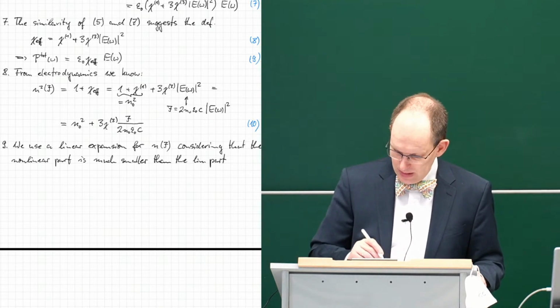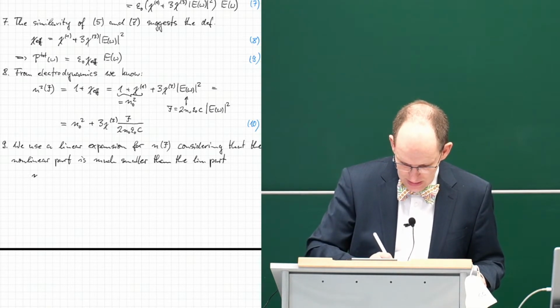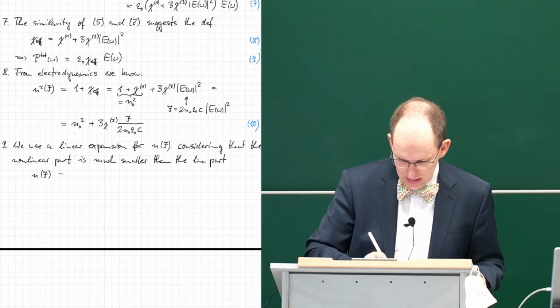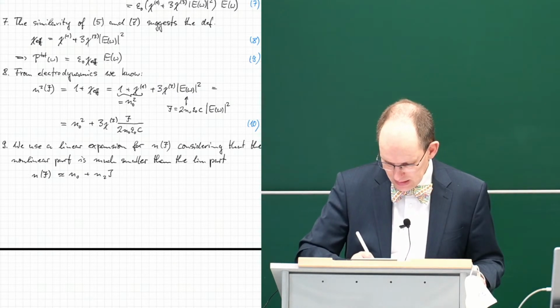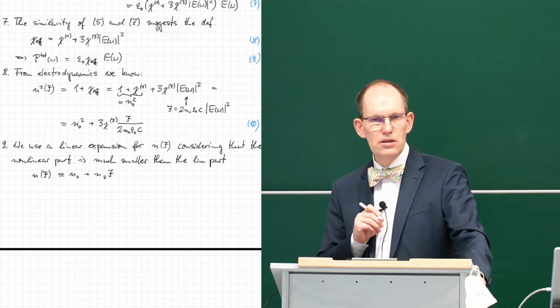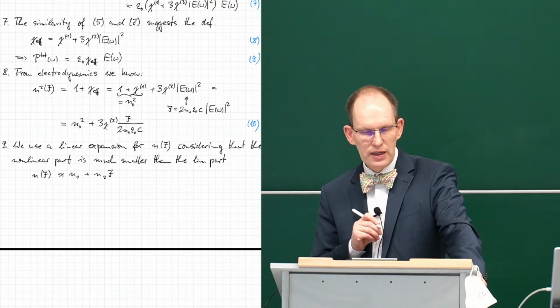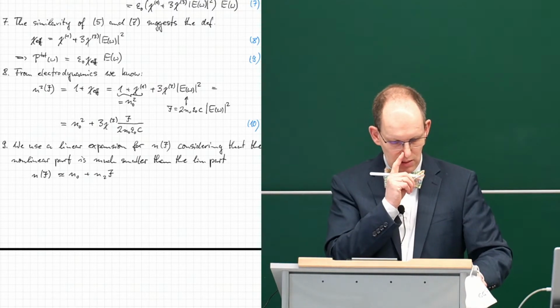So what we use is that n as a function of the intensity is approximated in this way, so that we have n0, the regular refractive index, and now here we introduce the nonlinear refractive index n2. Yeah?